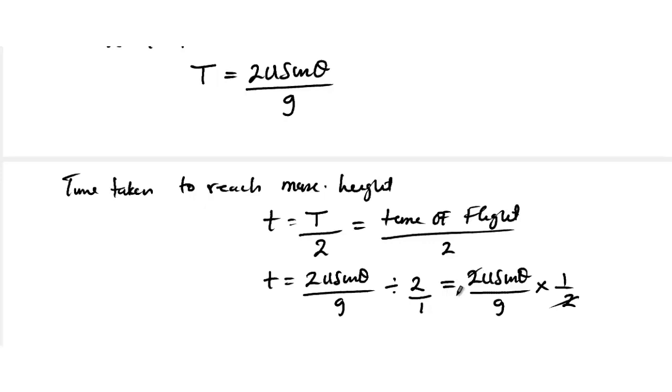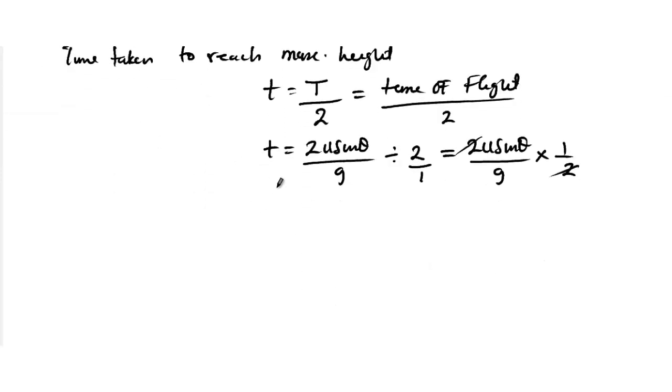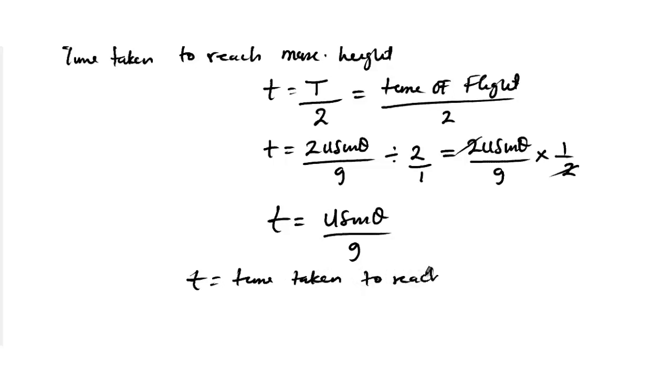So these two cancel. At the end, the time taken to reach the maximum height will be t = u sine theta over g, where t is the time taken to reach the maximum height.